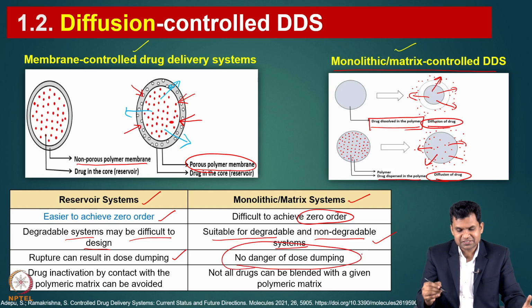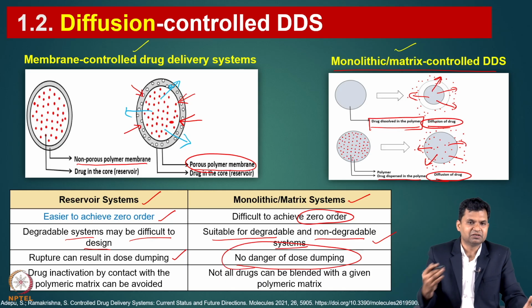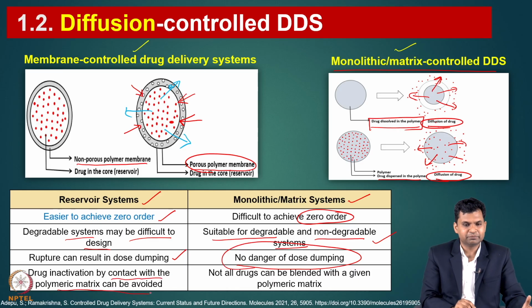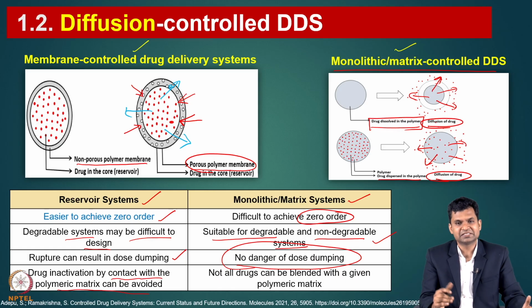So in this case we are getting more advantages compared with the reservoir systems, and drug inactivation by contact with the polymer matrix can be avoided, because for that you need to perform various compatibility studies. From that you will understand which polymer is suitable for your drug. By doing that, your polymer should not inactivate your drug.